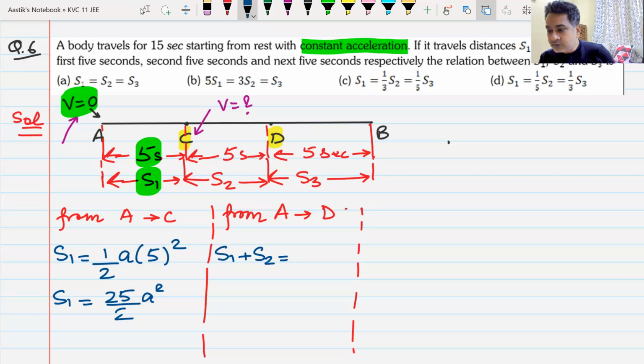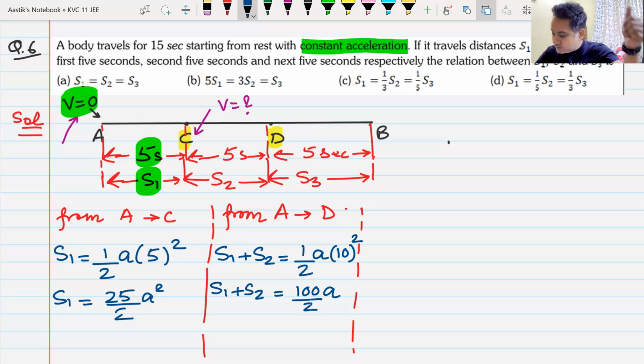Half into A. But how much is the time from A to D? 5 plus 5, 10. 10 squared. So from here I will get S1 plus S2 is 100 by 2A. Do we understand this?